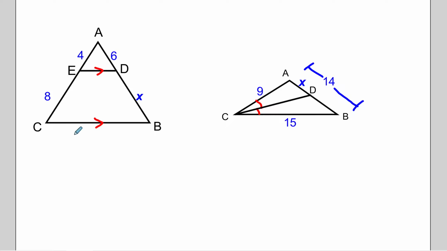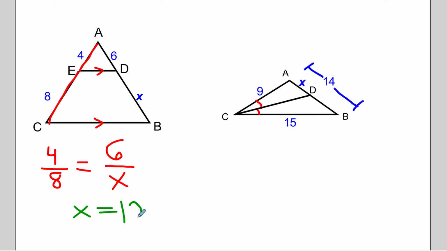So into what proportion? Well, we know that this ratio 4/8, the ratio of this section to this section, is going to be the same as the ratio of 6/x.